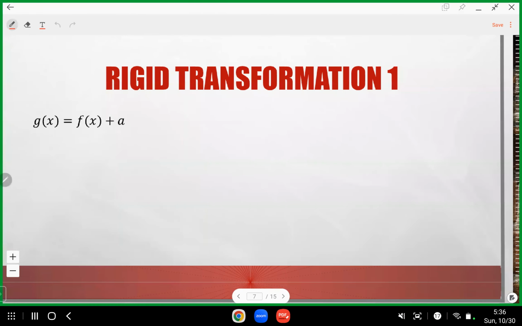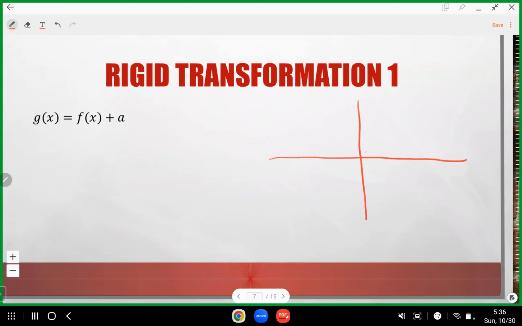Okay, so now let's talk about function transformations. This is our first transformation. Throughout this demonstration, I'm going to use this graph.